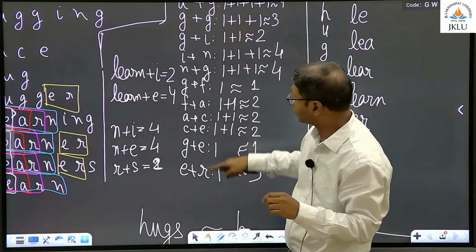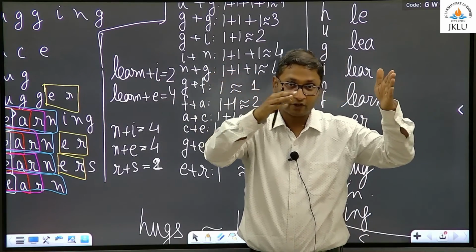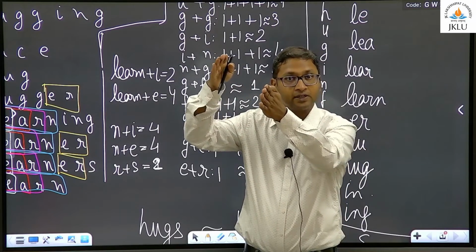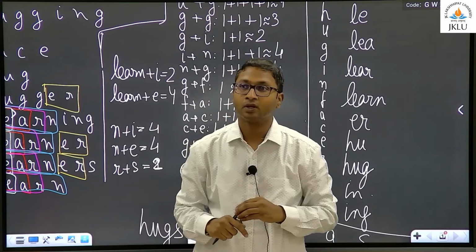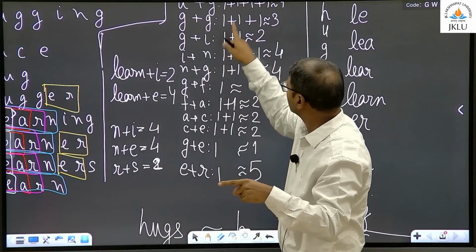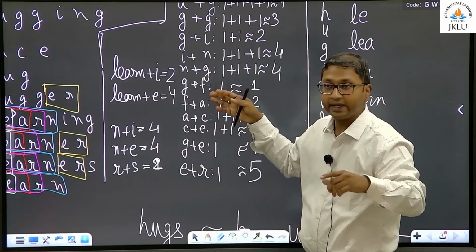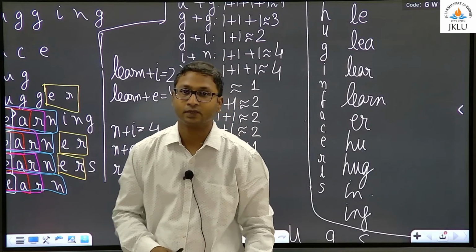So again you will draw this table, frequency of the pair divided by frequency of the first character into frequency of the second character. Write these scores, take the max score and repeat the same thing. Okay, that's it.